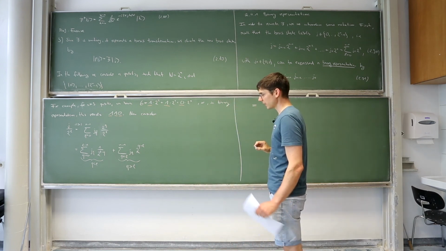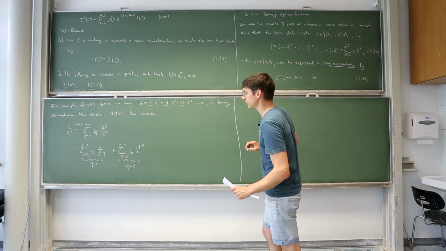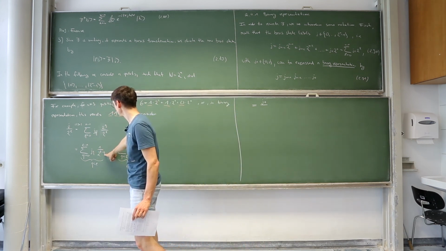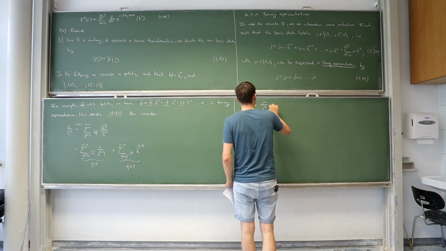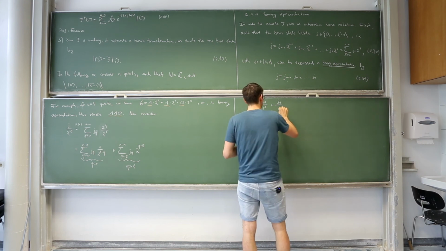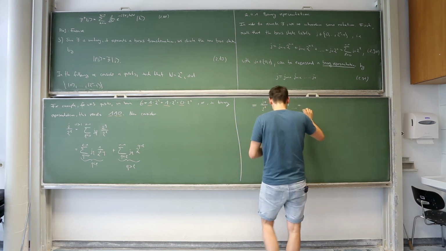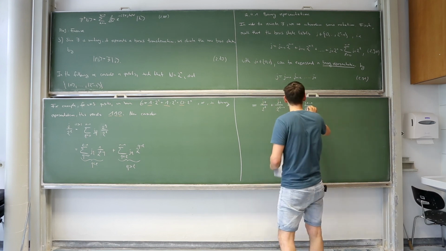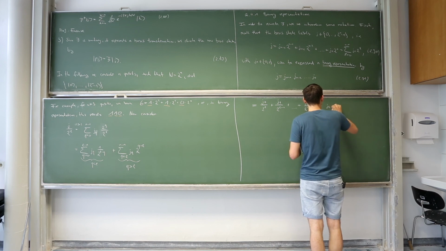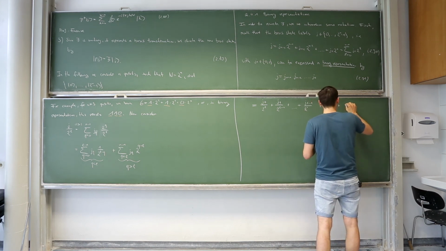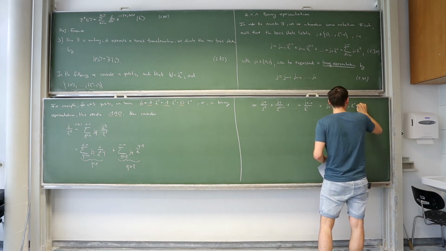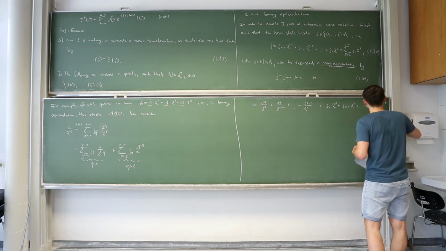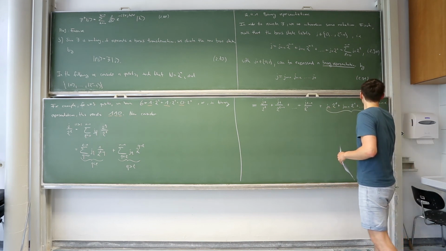So now let's rewrite this. So we have j_0, which is the first term, divided by 2 to the power of L, plus j_1 divided by 2 to the power of L minus 1, and so on, until we are at j_{L-1} divided by 2 to the power of 1, plus then we have j_L times 2 to the power of 0, plus j_{L+1} times 2 to the power of 1, and so on, to j_{n-1} times 2 to the power of n minus 1 minus L. Okay, so this expression we know.